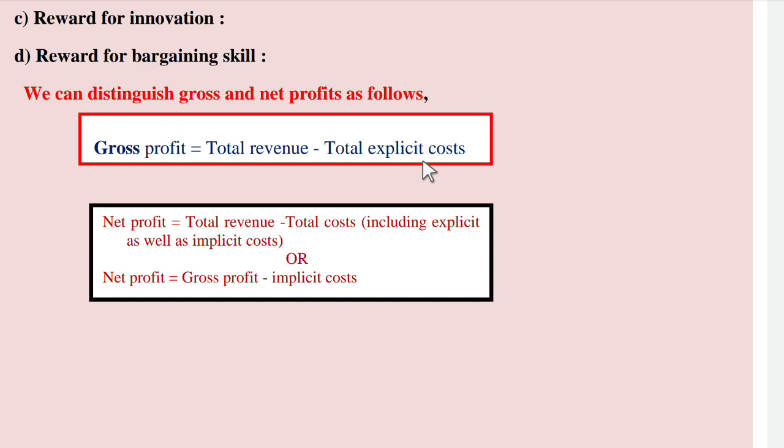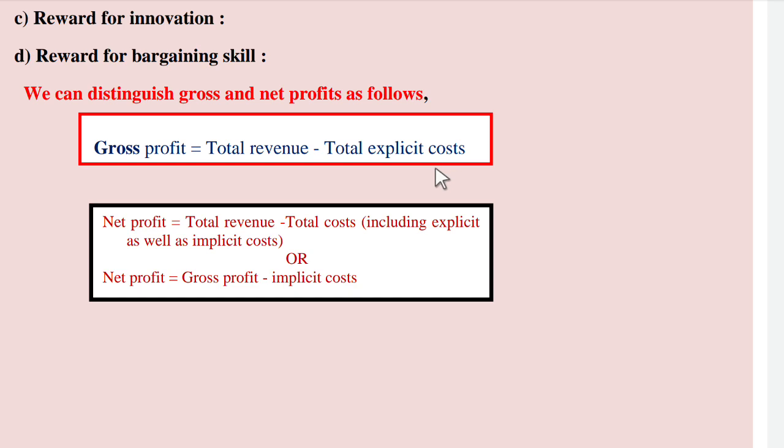Explicit costs include production cost, depreciation charges, advertisement expenditure, miscellaneous expenditure, and interest on bank loans. Got it? These costs are known as explicit costs.